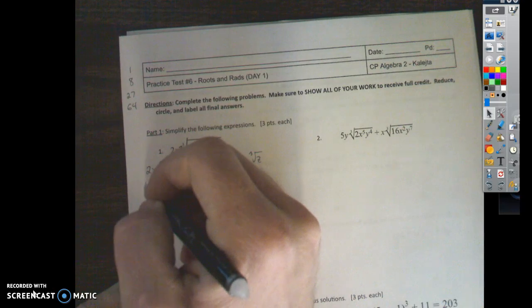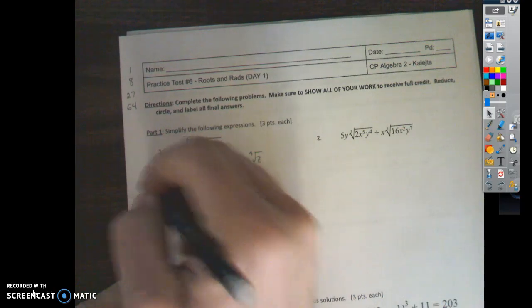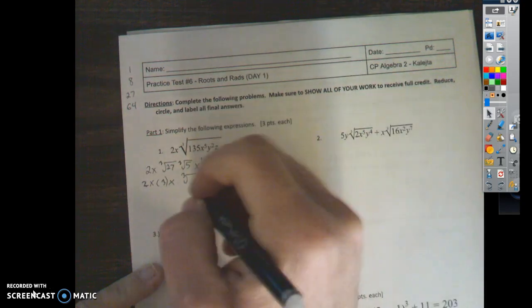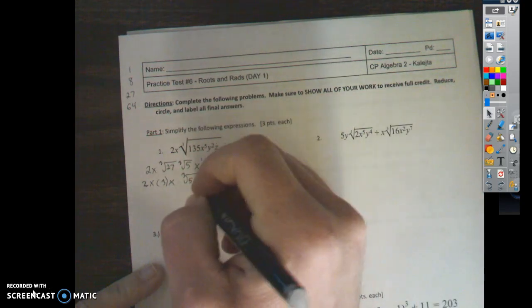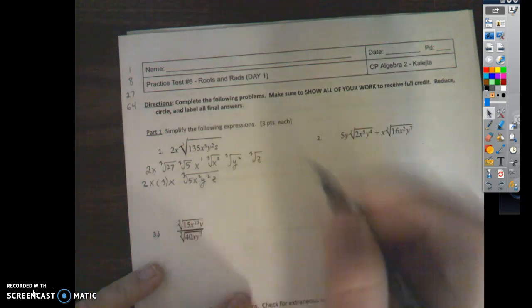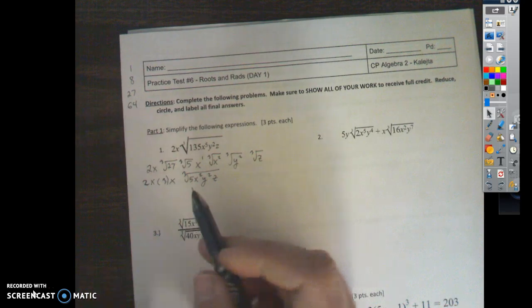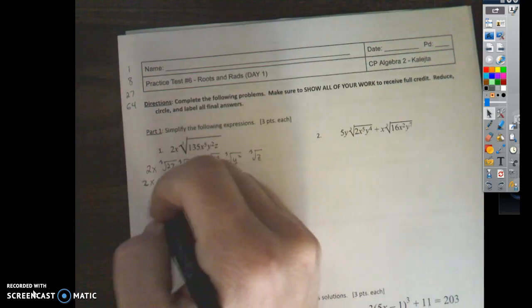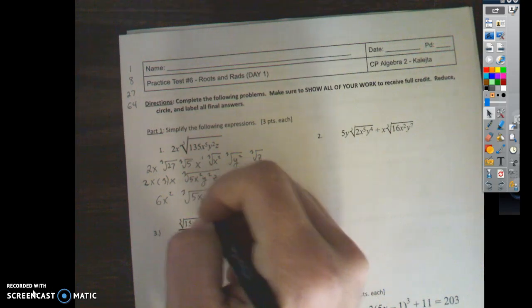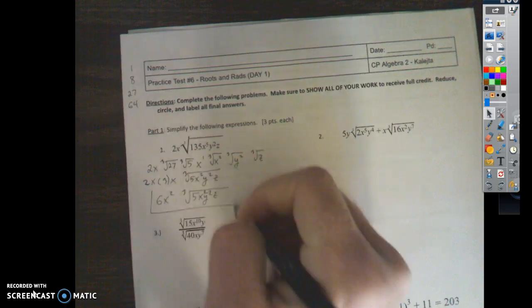So we've got 2x times 3 times x, and everything else stays under the cube root: the 5, the x squared, the y squared, and the z. So what is 2x times 3 times x? Well, 6x squared, and everything else stays under there. Then you can give yourself a high five because you win.